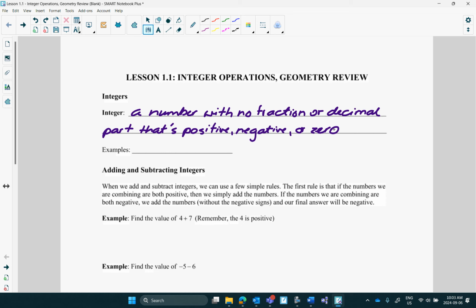A positive or negative whole number. It doesn't have a decimal attached to it, doesn't have a fraction attached to it. Examples: you can think of any positive number, 7. Think of any whole number and put a negative in front of it, negative 20. And don't forget, 0 is also one. 0 is a special number because it's not positive or negative. It's nothing.